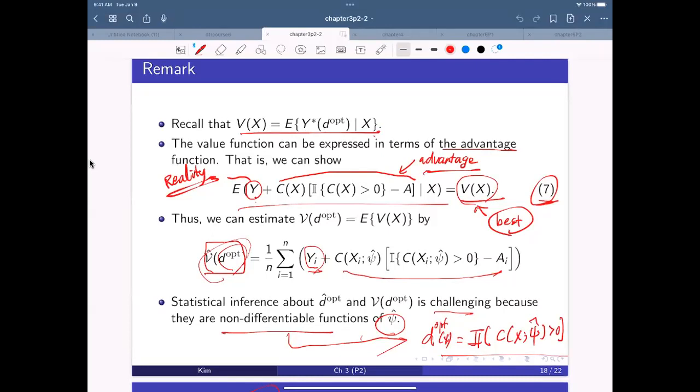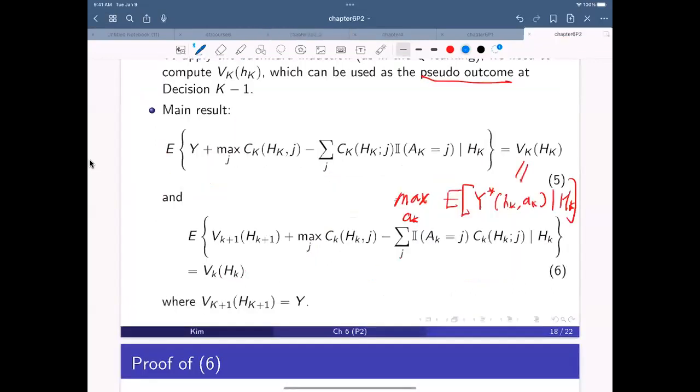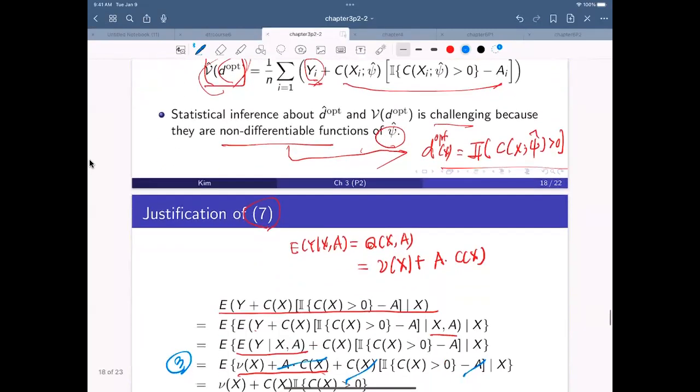So basically the contrast function is T optimal X minus A, and the contrast function is exactly the same as this one, because this one is the right contrast function at the T optimal, and this is the contrast function at the current A.